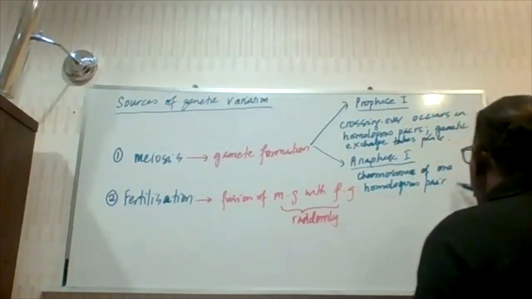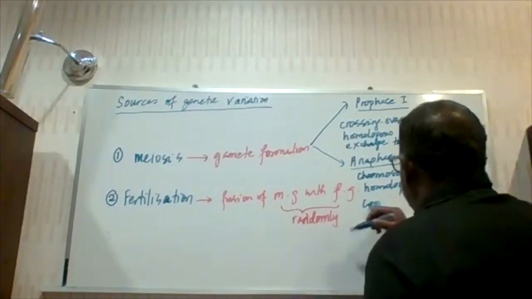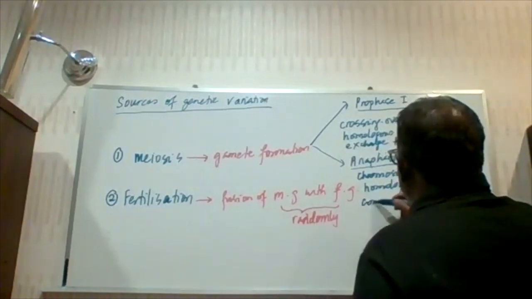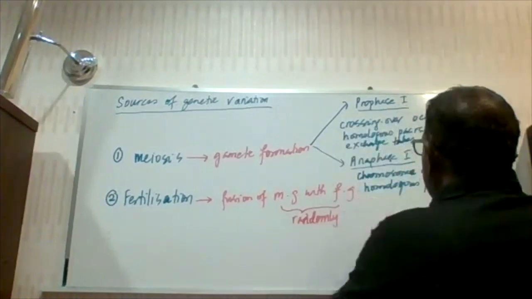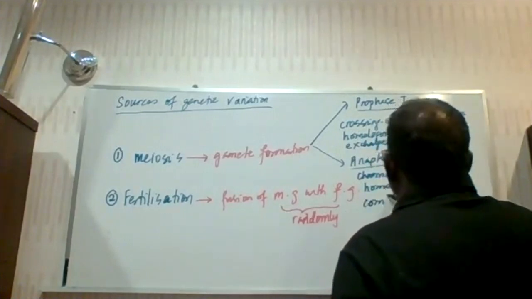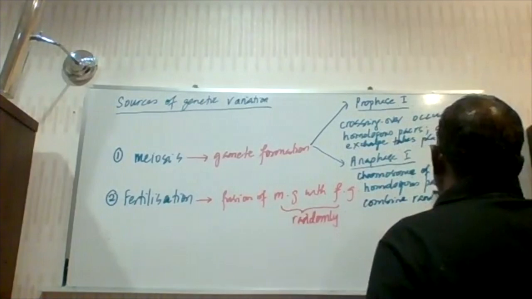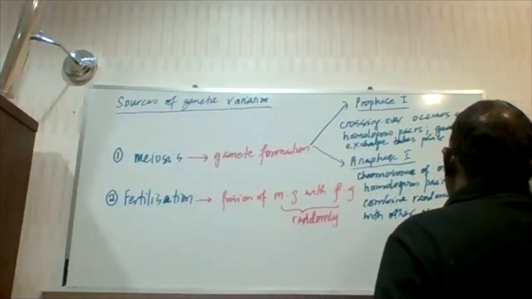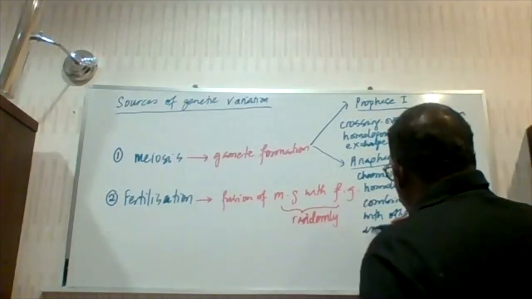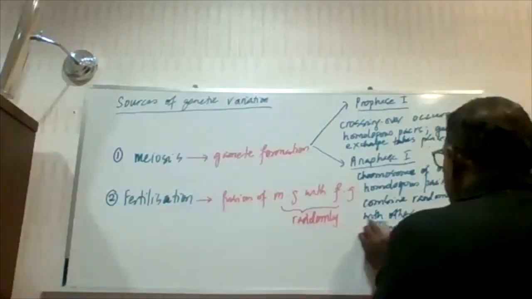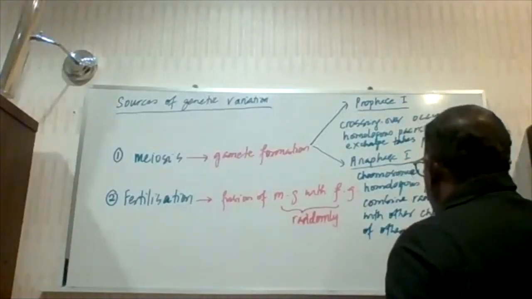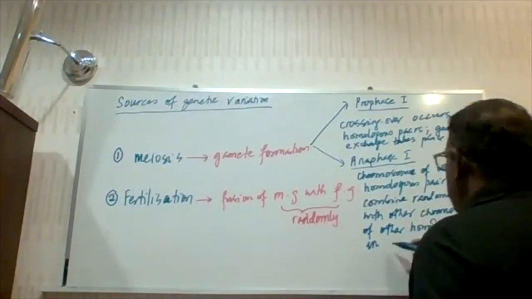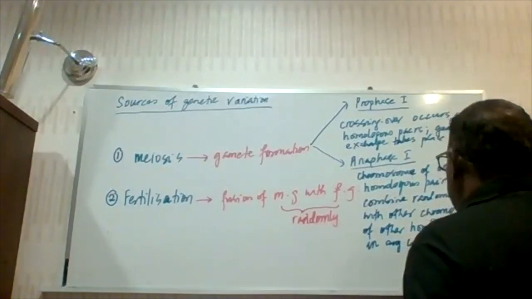I put it in short form: it can combine randomly with other chromosomes of other homologous pairs in any combination.